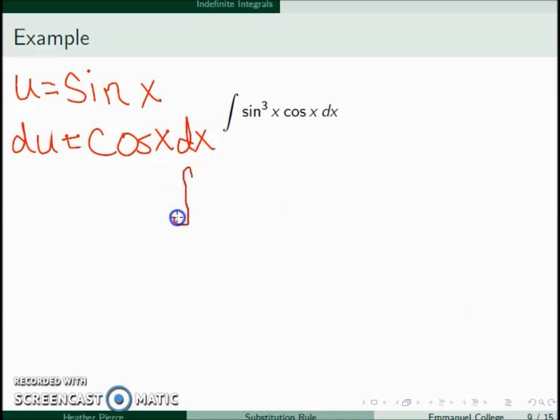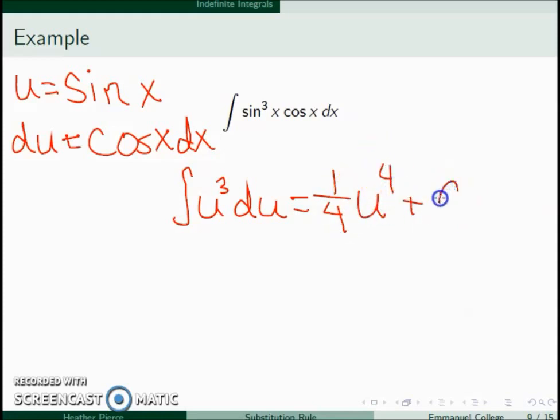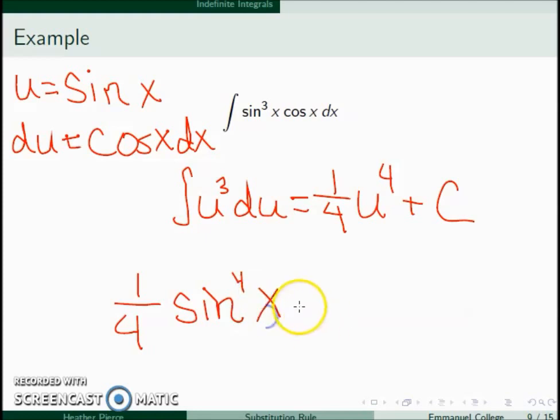So that means this is the integral of u cubed du, which is 1 over 4 u to the 4th plus c. So my final answer, 1 over 4 sine to the 4th x plus c.